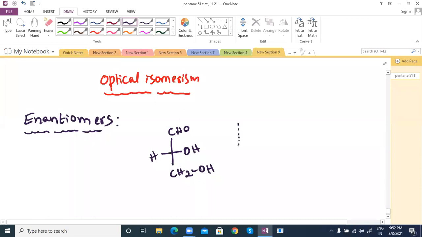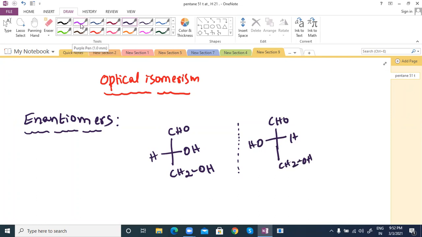It has a mirror image: CHO, OH, H, H, and CH2OH. It has mirror image character but is non-superimposable on the original.